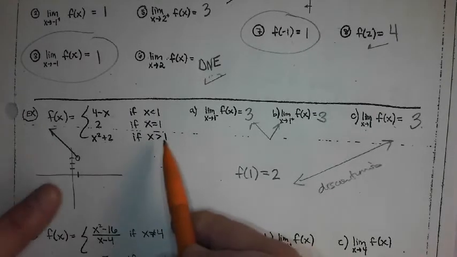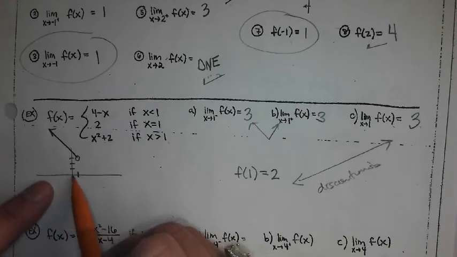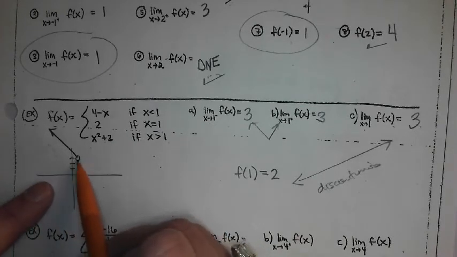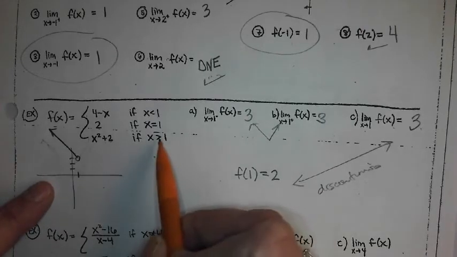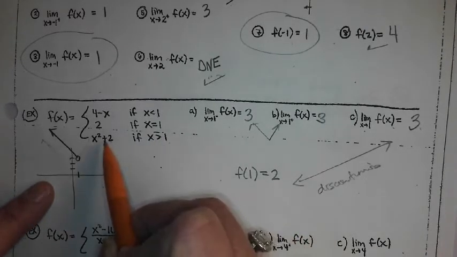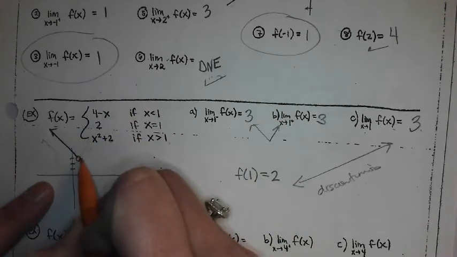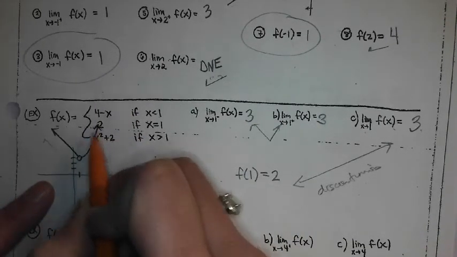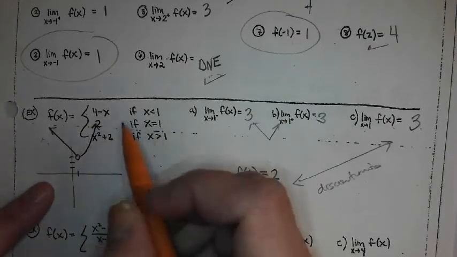Then when x is greater than 1, it's x squared plus 2, which is a parabola, right? That's been shifted up 2 units. Do you follow? But we only want that where x is greater than 1. So another open circle at 1, 3, which is here. And then it's going to be a parabola moving forward. And then right at 1, we just have the point 2.